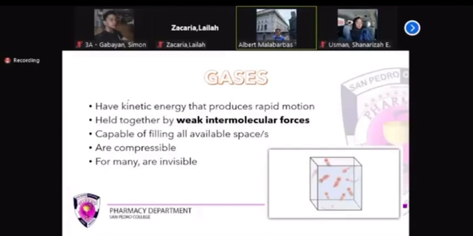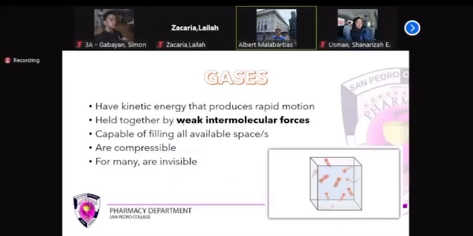So pagdating dito sa gases under physical pharmacy, the important thing here is that you should know about the different gas laws. By description, first of all, gases have high kinetic energy that produces rapid motion.